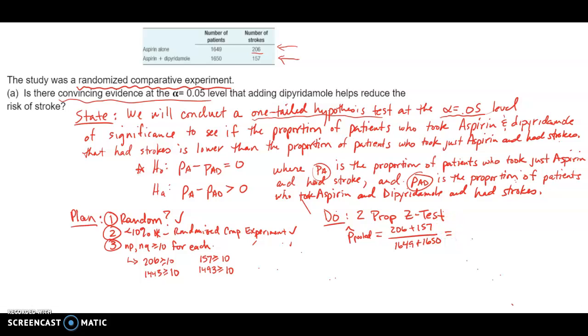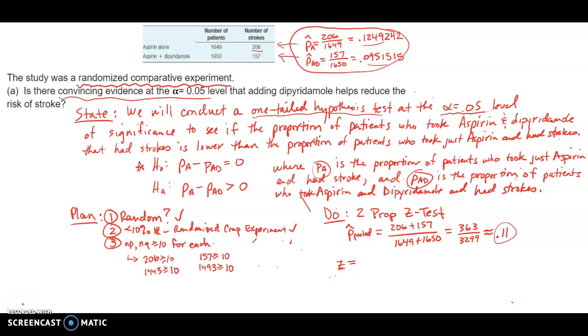A little calculator work. First thing we need to do is this up top. So we need to calculate our p-hat for each individual sample. And notice that I take this pretty far, I'm going 7 decimal places in each one.